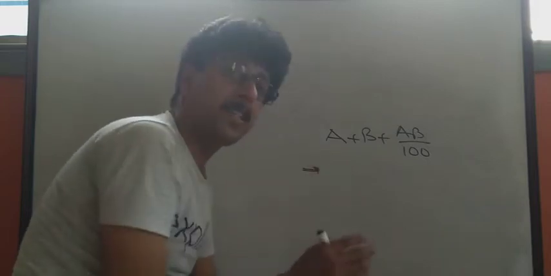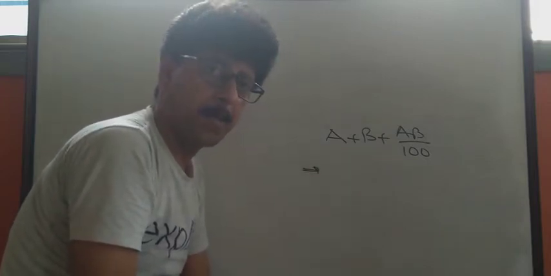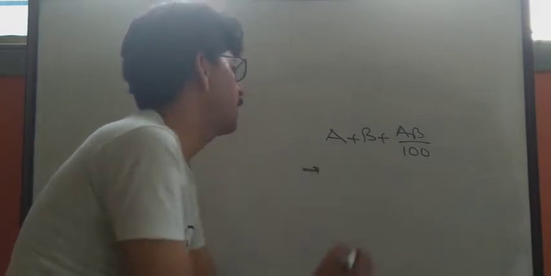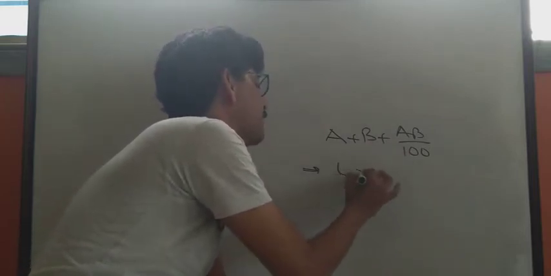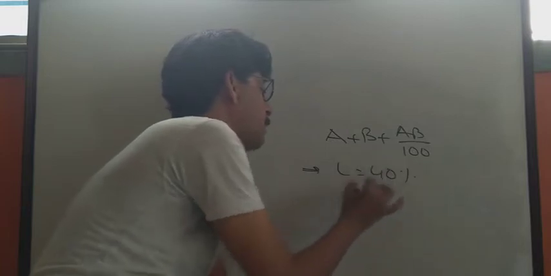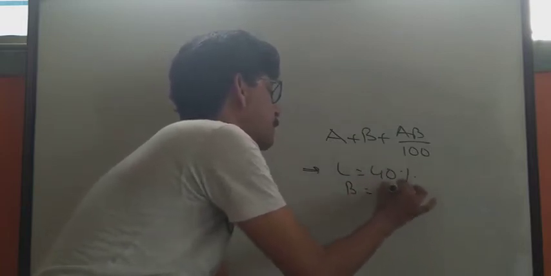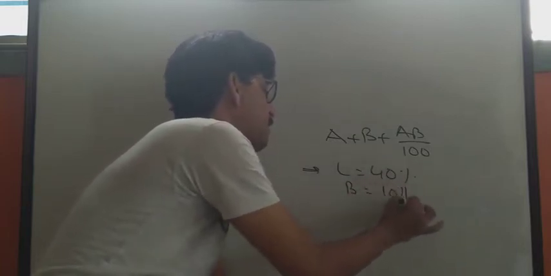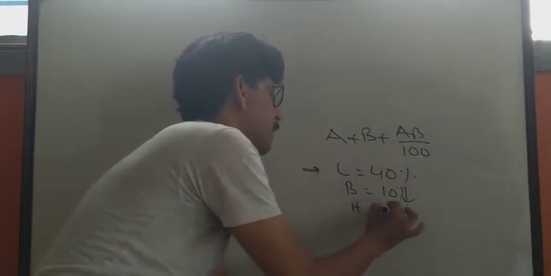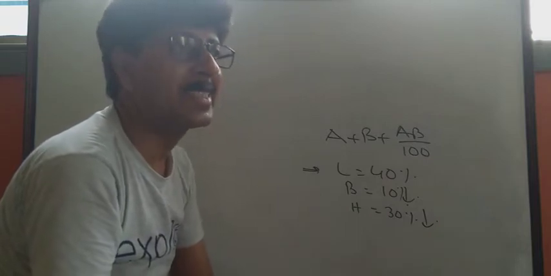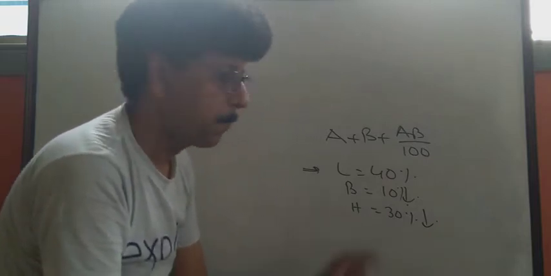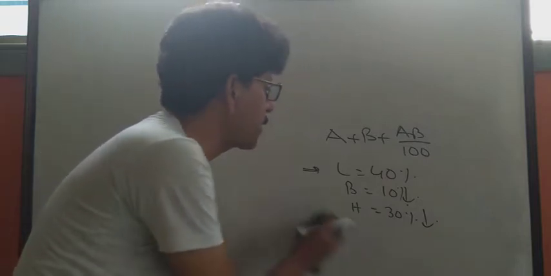If there are 3 percentages, what will be the meaning of that? Say the length is increased by 40%, the breadth is decreased by 10%, and the height is decreased by 30%. What will be the overall change in the volume of the cuboid? Very simple.